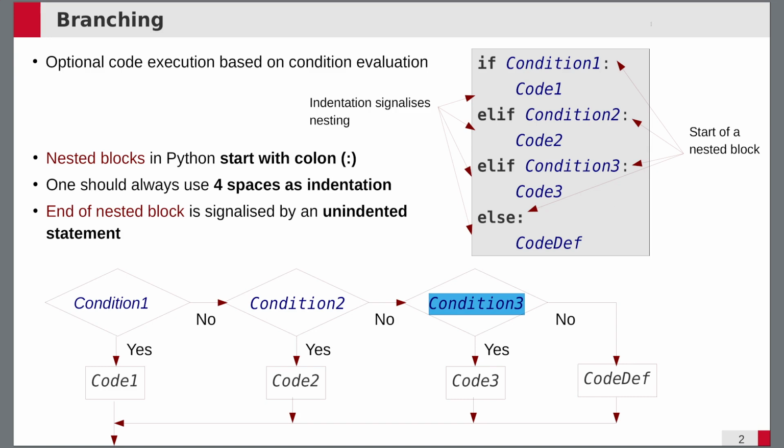It's very important to note that in Python, these constructs are so-called block constructs, introduced by a colon. That means the code which should be executed when condition 1 was fulfilled can have multiple statements. And how does Python know which statements belong to this if block and which do not?